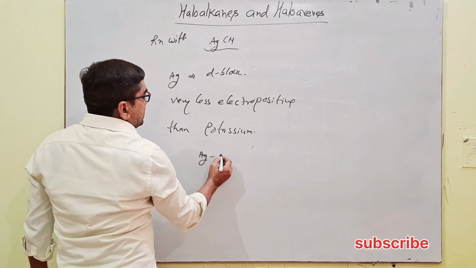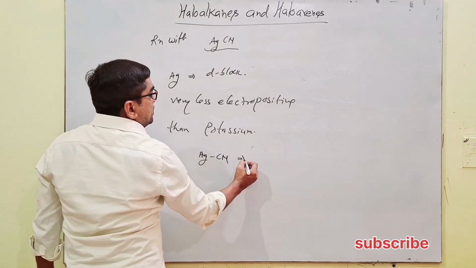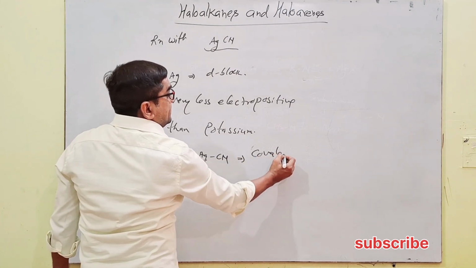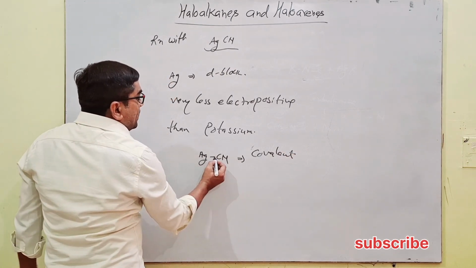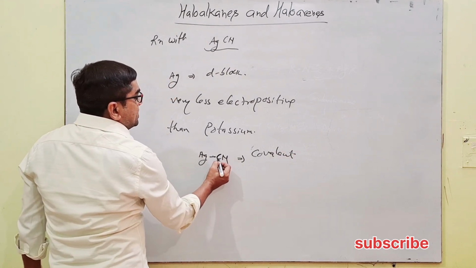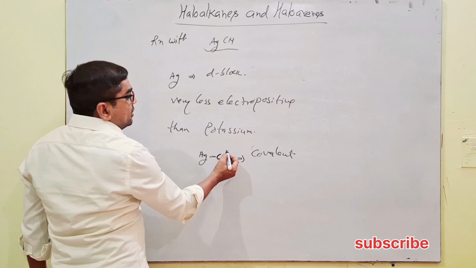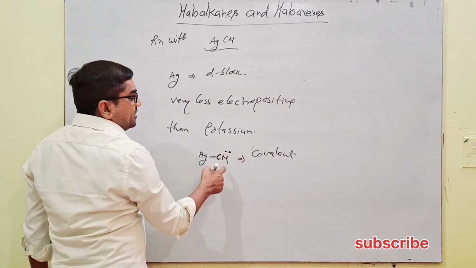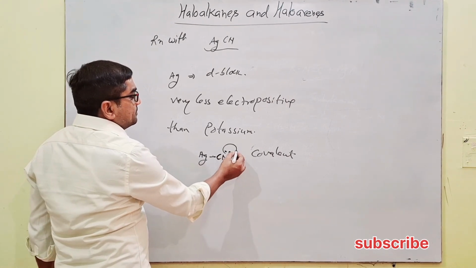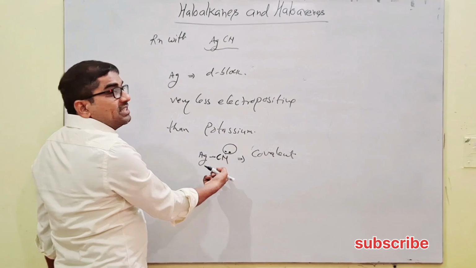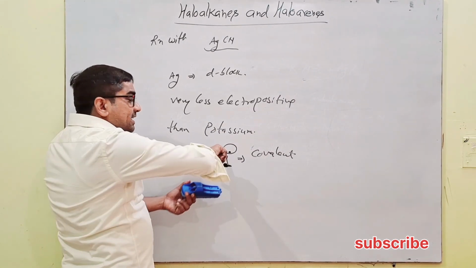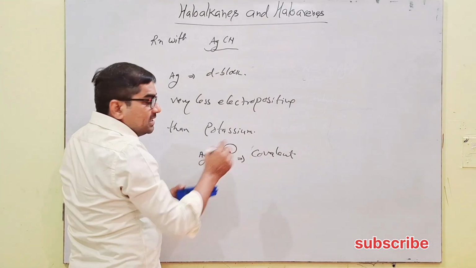That's why the AgCN bond is covalent in nature. Due to covalent nature, this carbon is not free to get attached, while due to higher electron density at this nitrogen, it donates the electron towards the alkyl and makes a bond with the alkyl.